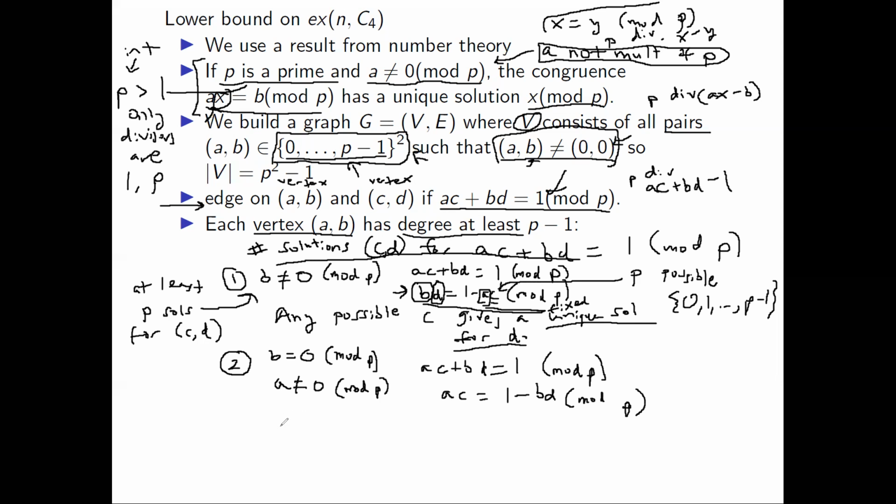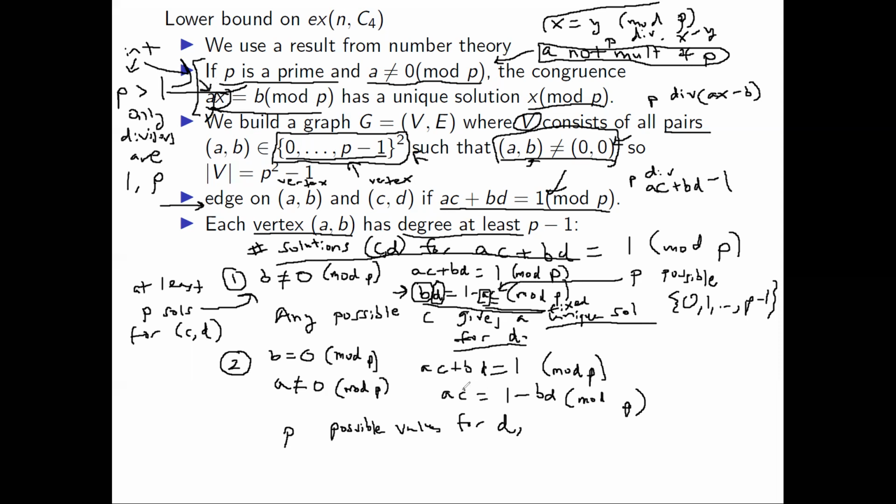And we can let D take any possible values. So there are P possible values for D. And we can use this second bullet again, the same second bullet here. And this time we can use it with A as the coefficient of the variable.